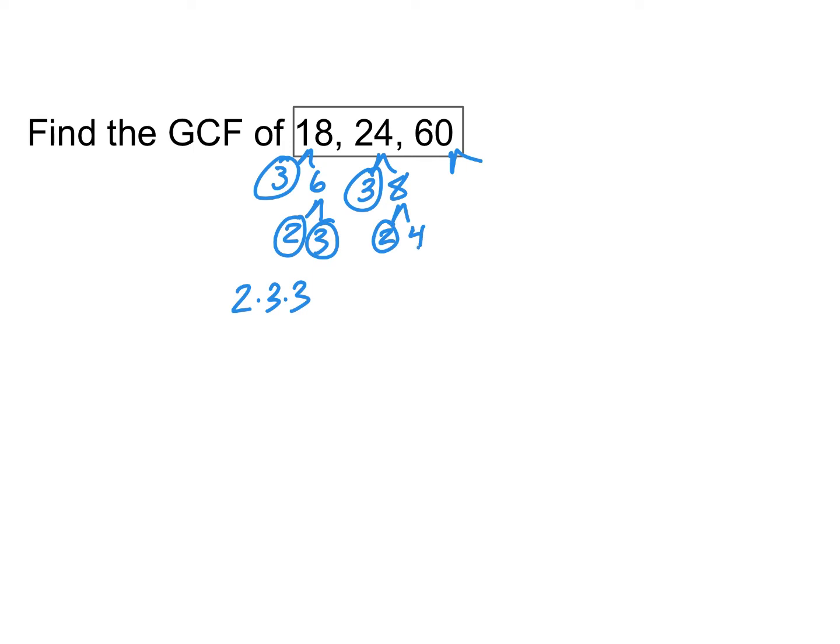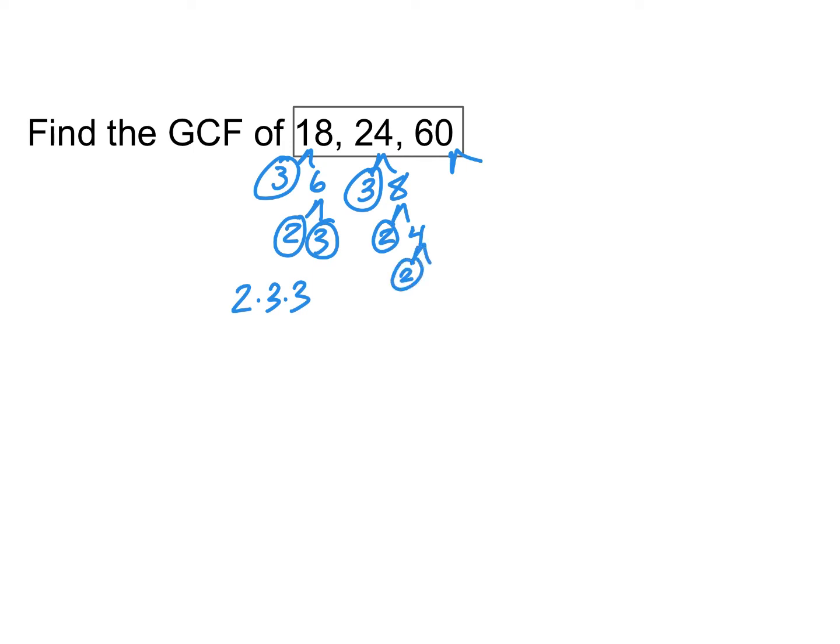If I have 3 numbers, I can do it in any of the ways that I've already shown you. Let's do this first one as factor trees. I'm going to be lazy and do them right from here. So I'm going to say 3 times 6 makes 18. 2 times 3 makes 6. So I have 2 times 3 times 3. 24. Let's do 3 times 8. And again, you can do any problem that works.